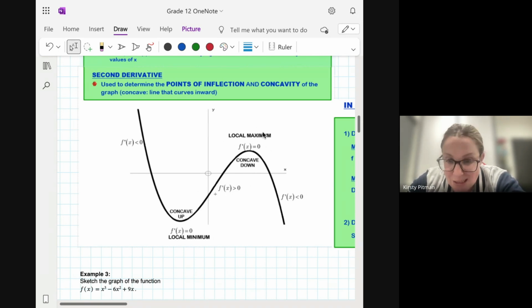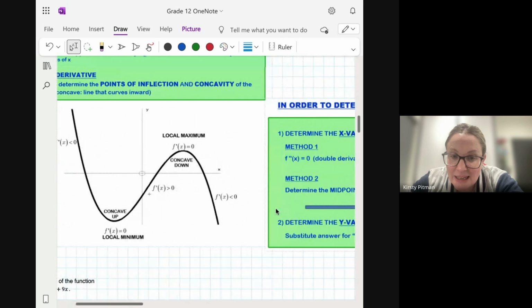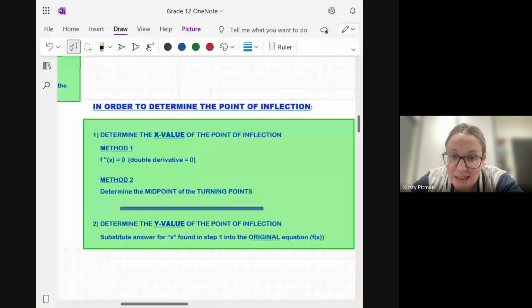At our maximum point over here, we see that the gradient is equal to 0 and the graph is concave down. And again, towards the end of the graph, we know that the gradient is negative.